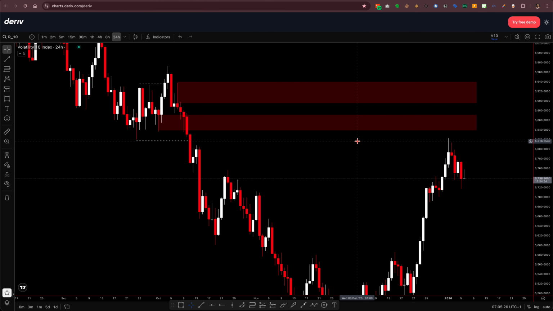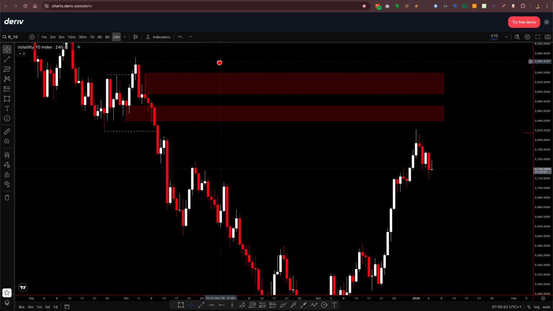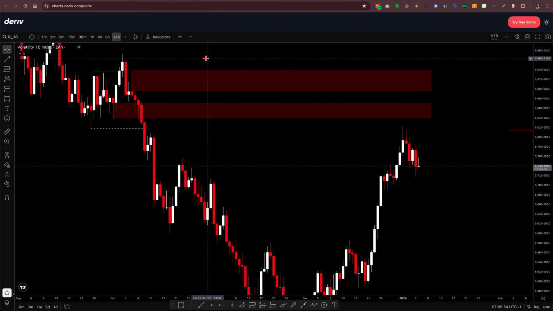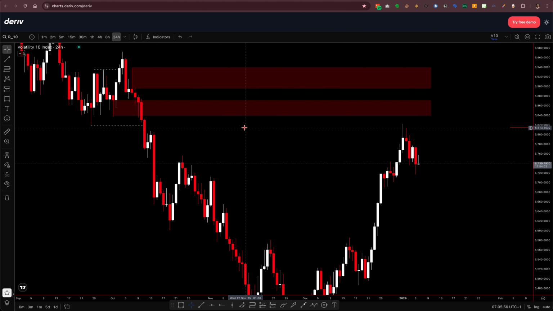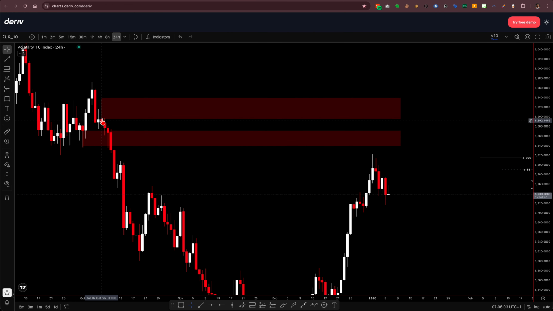So let's just say I have these two zones, right? I believe price will likely react from one of these two zones, and that the reaction will be substantial on the lower time frame. So that is the daily, right? I'm just going to remove this and remove this. I have no business with these lines.